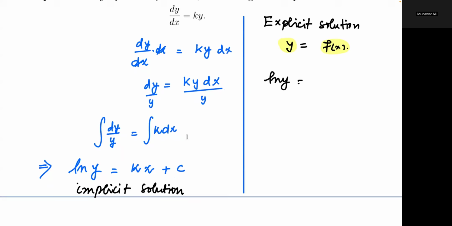So how should I write this thing as an explicit solution? What should I do? My question is, how can I get rid of natural log on the left hand side?